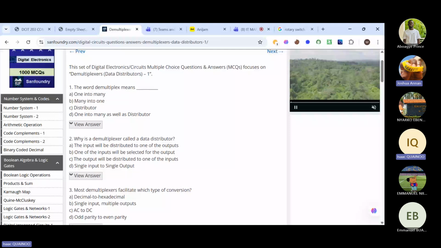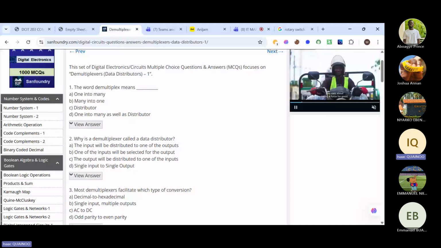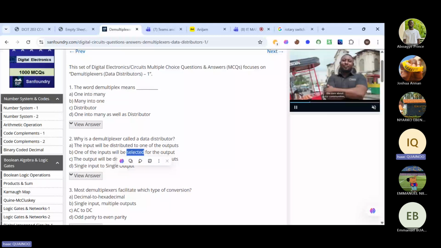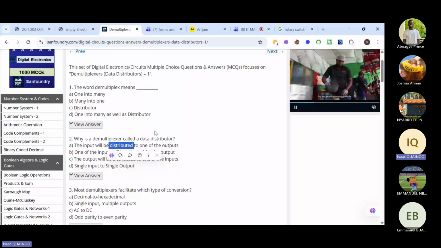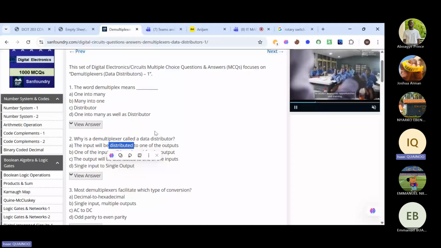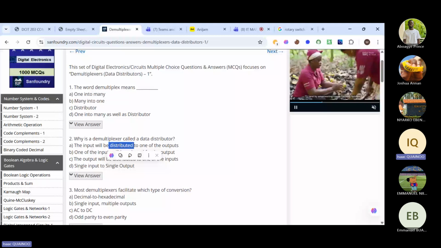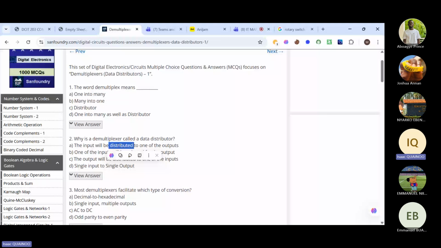Yes. You realize that A is very close to B, but the main difference is selected and distributed. A multiplexer has many inputs, so it will select one input and route it to the corresponding output channel.